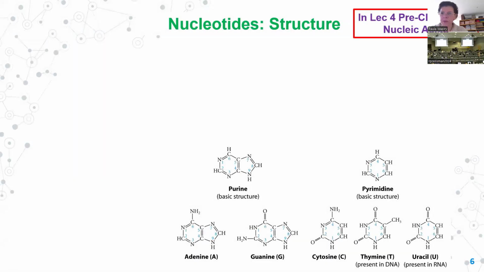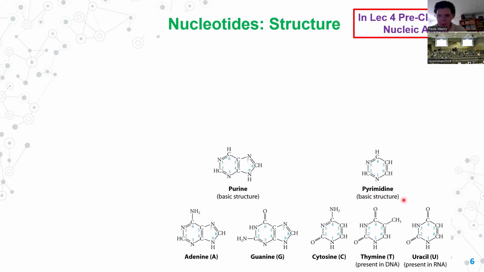All right, so here, a cool slide on the structure of nucleotides. Look at this guy here. See this basic structure here? This little guy with only one ring, that's your pyrimidine. It kind of has a Napoleon complex. Because it's small, it wants to have a big name.